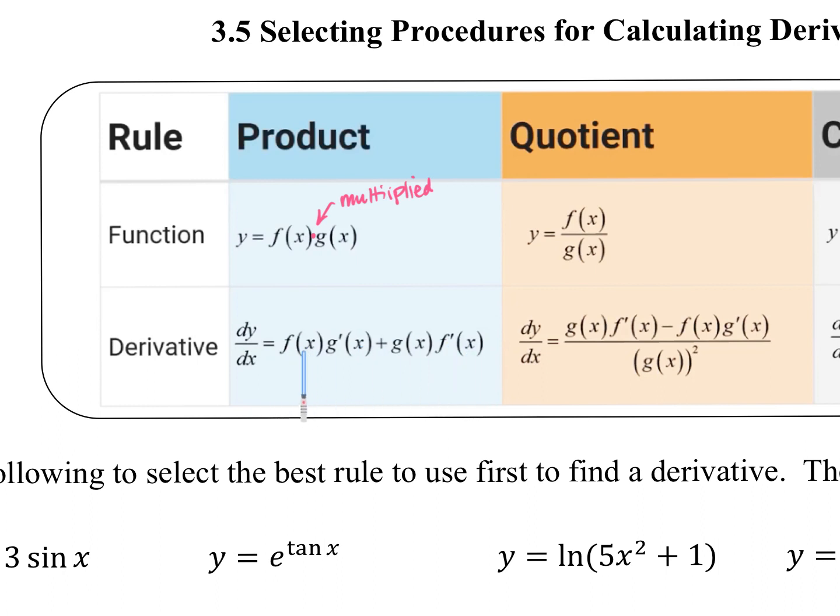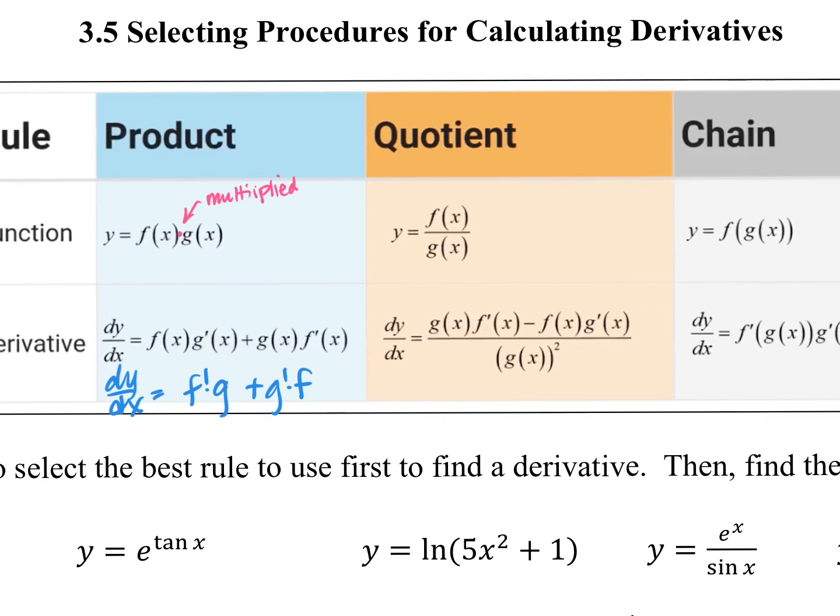Did the version of this textbook's rule look a little different than ours? What's this part? Isn't that the f prime g plus the, doesn't matter? So maybe underneath you just want to say, okay, that version's fine, or I'm used to f prime g plus g prime f. Whichever. They're the same thing.